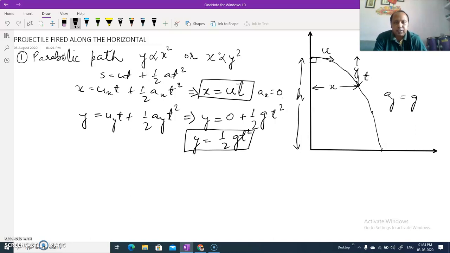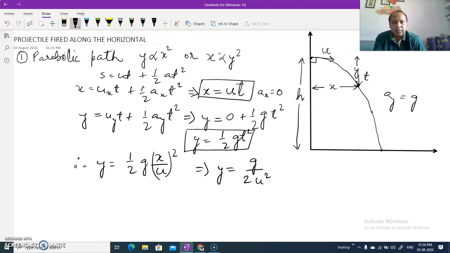Now from the first equation here, t can be written as x by u. If we put the values here, y will be given by half into g into the value of t we are putting here, x by u, so x by u square. So finally the value of y can be written as g by 2u square into x square.